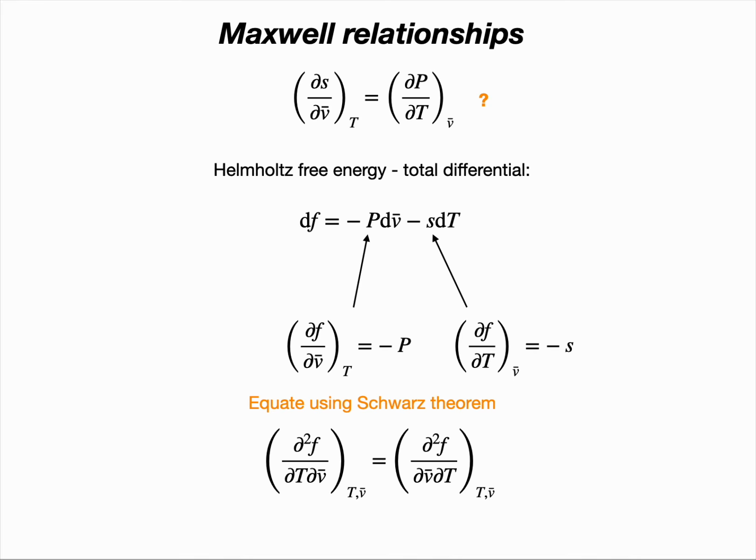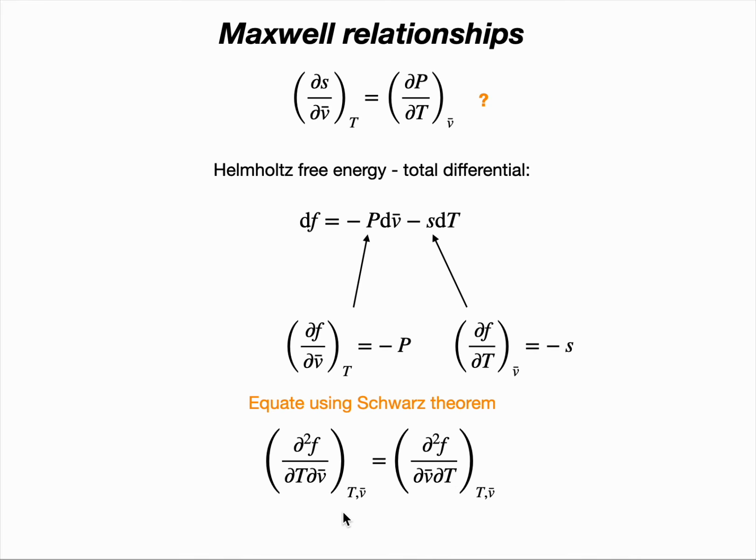And now we can use the Schwarz theorem, which states that the second-order mixed derivative of a function will be equal. So if we have d2f dt dv, it will be equal to d2f dv dt. That's the essence here.